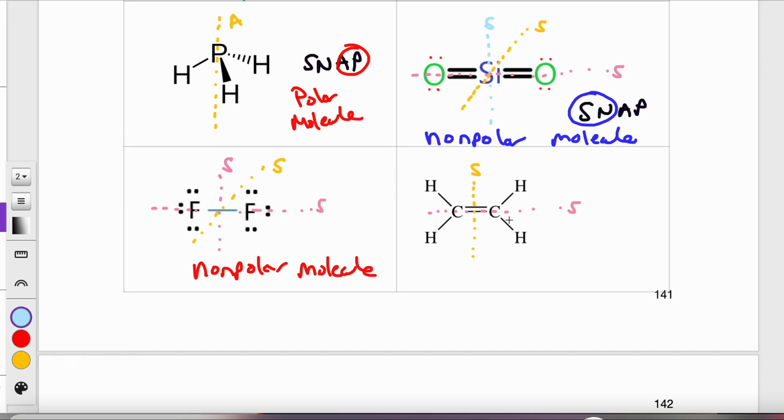And when I cut this through the z, which is this guy here, what I see in the upper left plane seems to match what I see in the lower right plane. So I'm going to say it is symmetrical. So this would be an example also of a nonpolar molecule. Keep it simple. Just look at them through the axes.